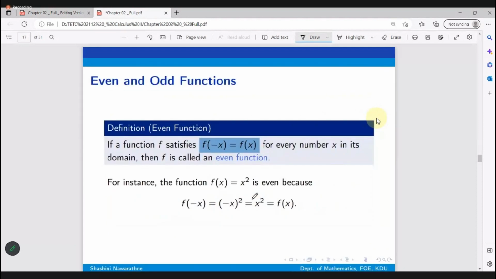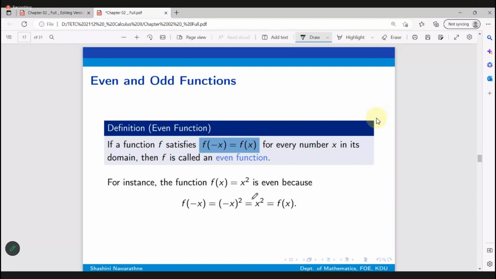I will mention this briefly. Listen. Just as we divided numbers into odd numbers and even numbers, not all the functions, but we can identify some functions as odd functions and even functions.